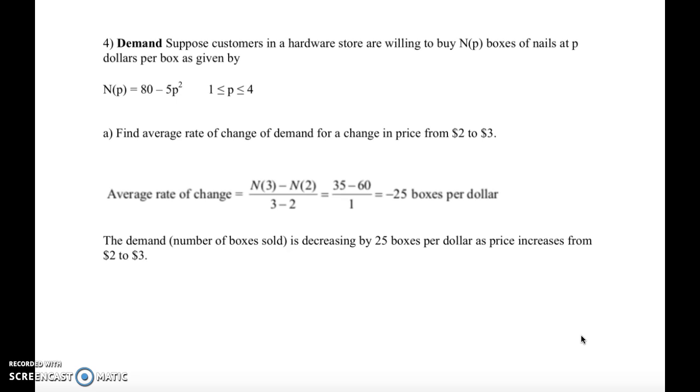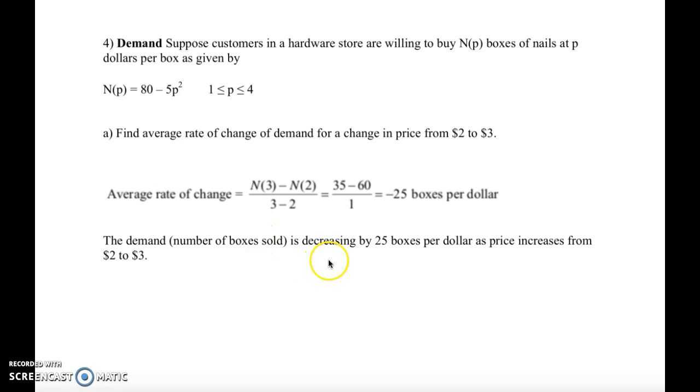We're going to find the average rate of change. So we need to find the value at 3 and the value at 2, get our y values, and subtract them. Notice that our n of 3 is 35 and our n of 2 is 60. When we subtract those and divide by the denominator, which is 1, we end up with negative 25 boxes per dollar.